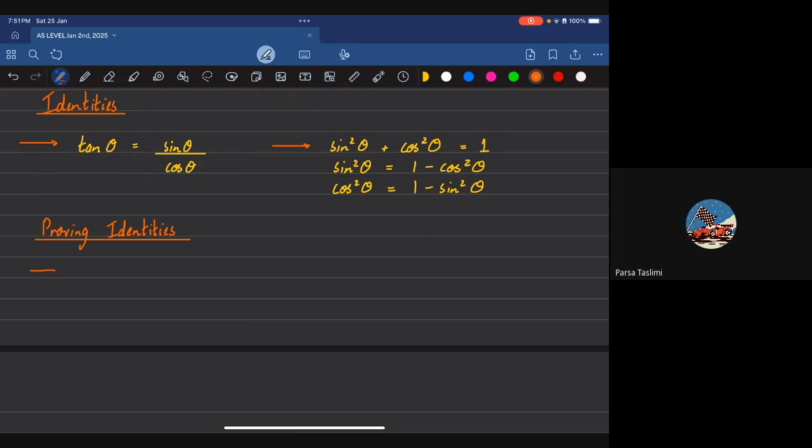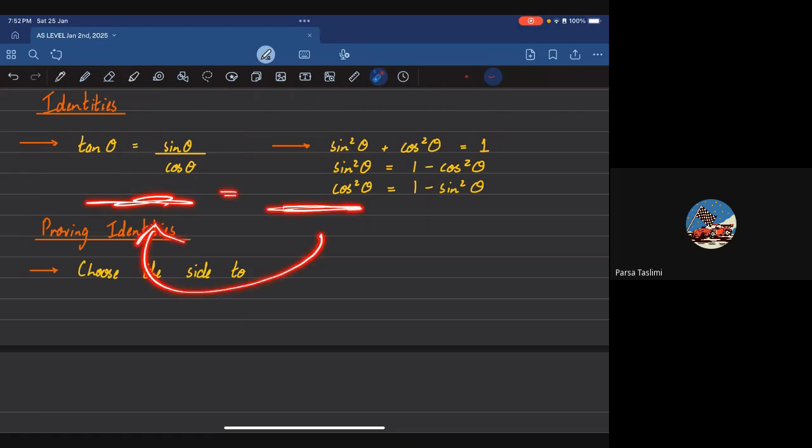The first step, or actually a rule, is that you need to choose your side wisely. Choose the side to be proven, because they'll give you two expressions, one which is equal to the other, and they will say prove one to the other.